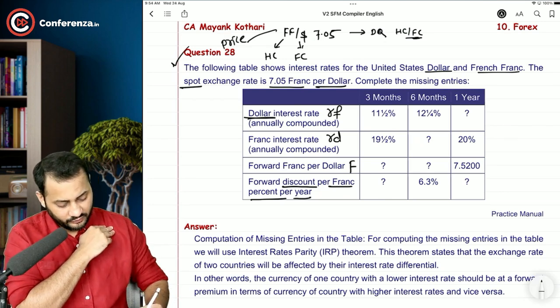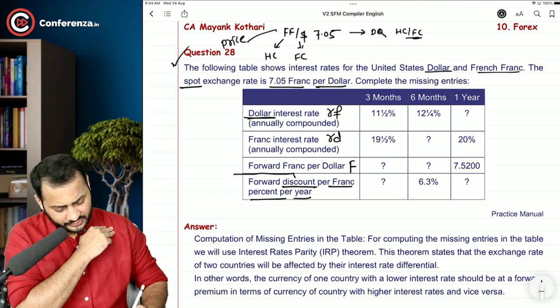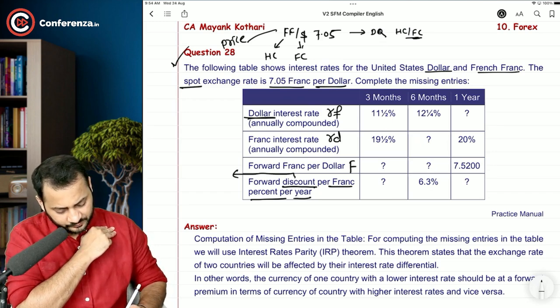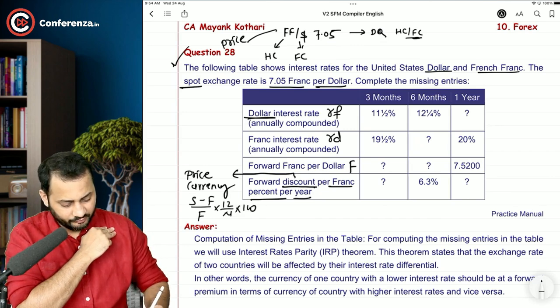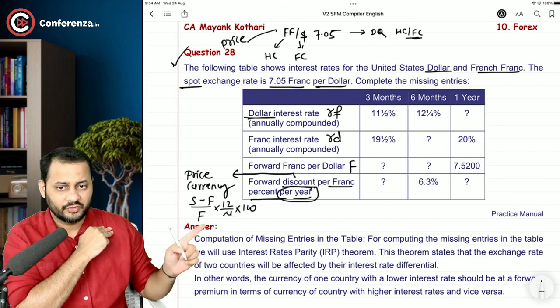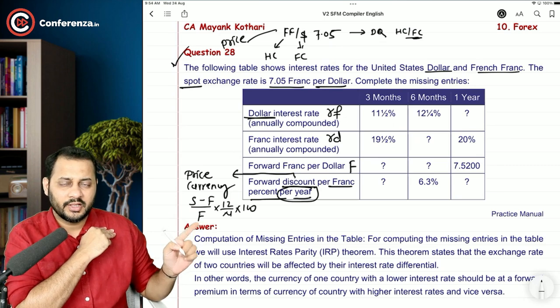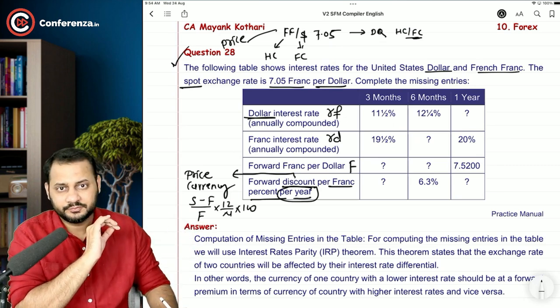What is the formula for discount in the price currency? It's spot minus forward divided by forward into 12 by n into 100. Because this is per year, we have to convert it using 12 by n, where n is the number of months.